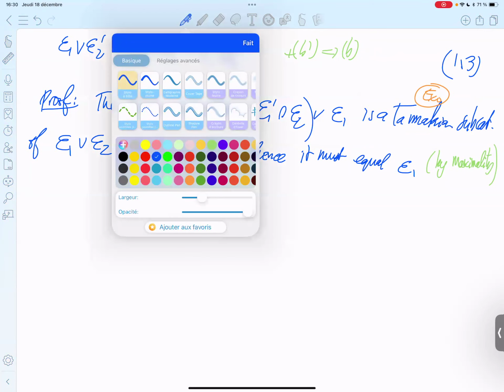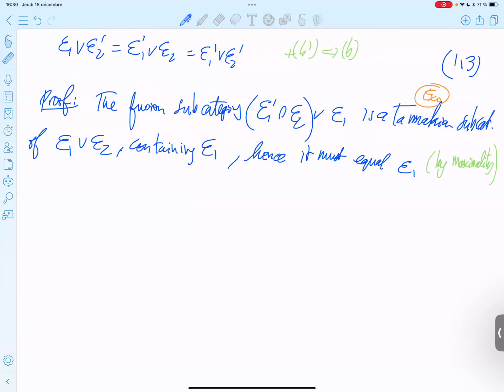So what do you see? You see that this equals this, which means that adding that has no effect, which means that this is included in that.